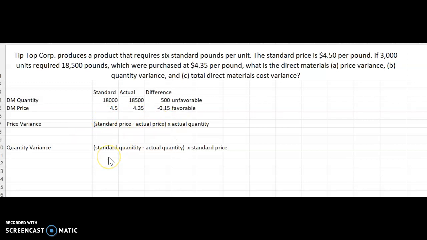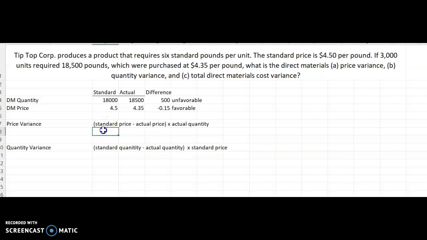When I'm doing my quantity variance, in the parentheses I've got my quantity, and then I multiply it by the opposite, which is price. And since in the first one I used actual, this time I'm going to use standard. That's how I memorize it, but you can memorize it however makes sense to you.